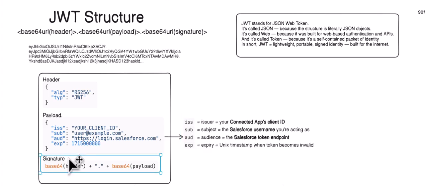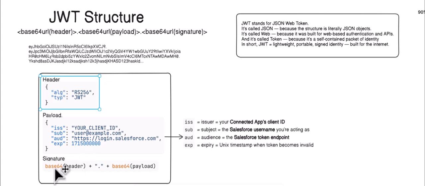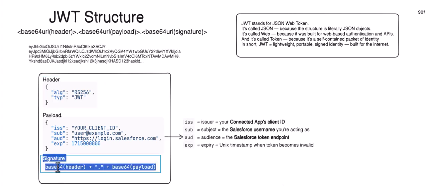Coming to the third part, which is signature. So what is signature? How does the client prepare the signature, how does it sign this JWT? It will take the header in base64 URL encoded format, then a dot, and then the payload also in base64 URL encoded format, right?